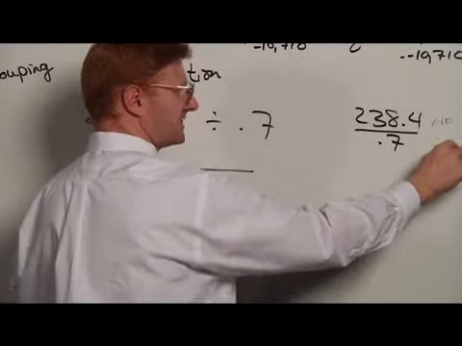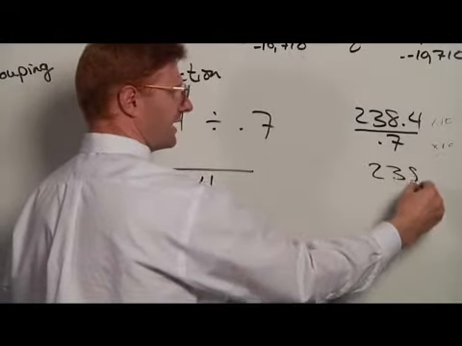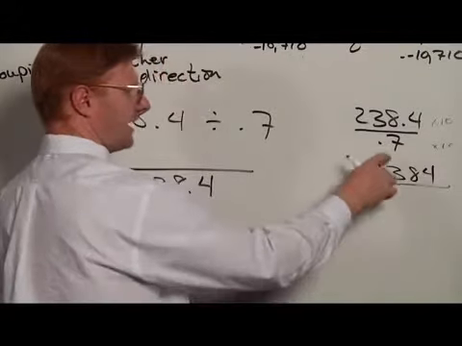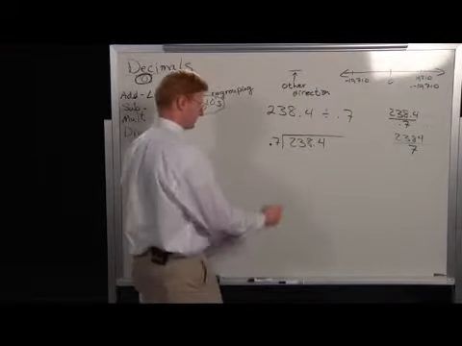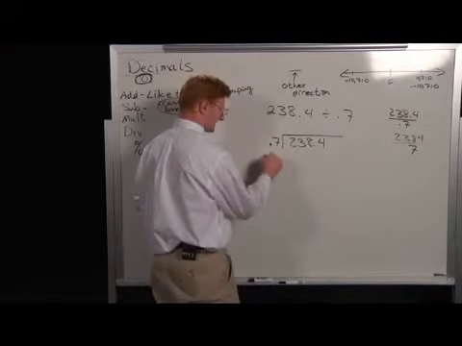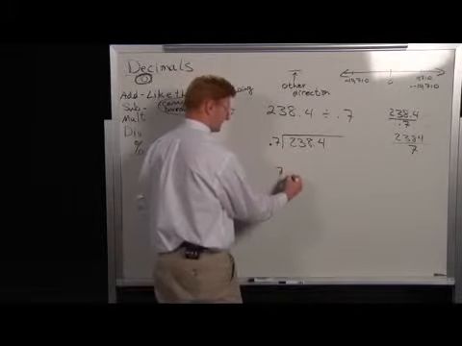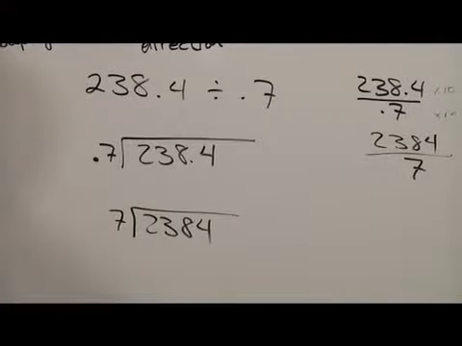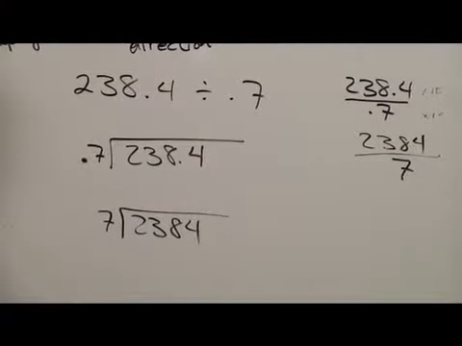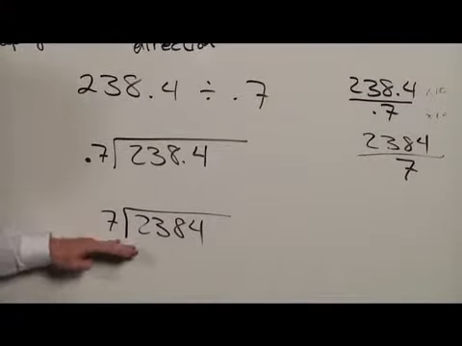So if I times by 10 and times by 10, I now have 2, 3, 8, 4 on the top and 7 on the bottom, which means that this is the exact same thing as 2, 3, 8, 4 divided by 7.